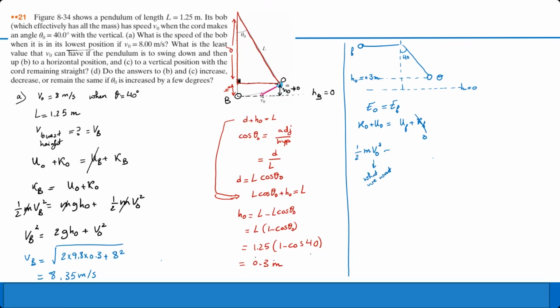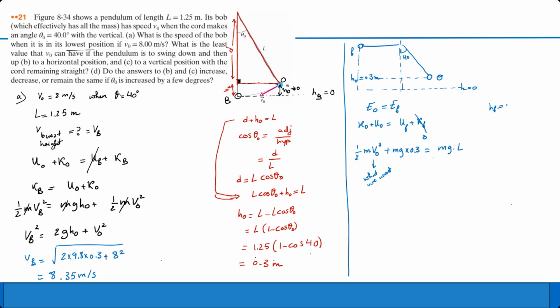I want the speed. So this is what I want. The height, we have it, 0.3. And the final potential energy will be mg times the height here. This whole height is actually just the length of the pendulum, right? So this height here is none other but the height of the pendulum.